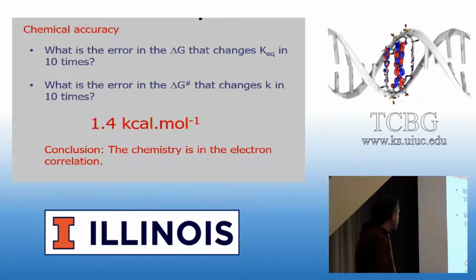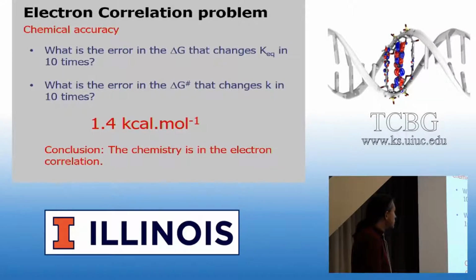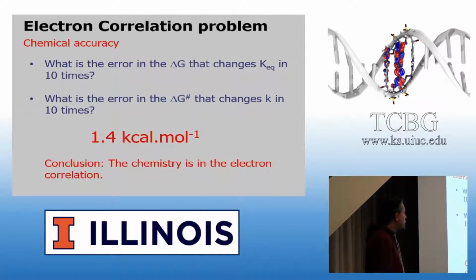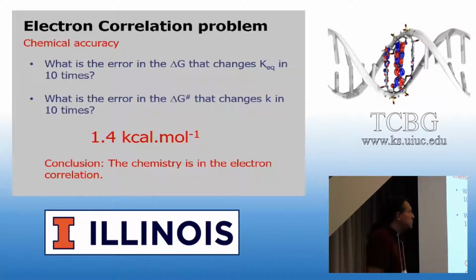Let's talk about the chemical accuracy. Okay, and 2 questions. Let's calculate the error in delta G that changes the equilibrium constant by 10 times.